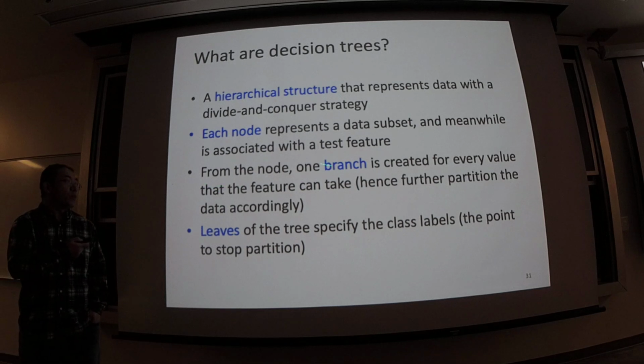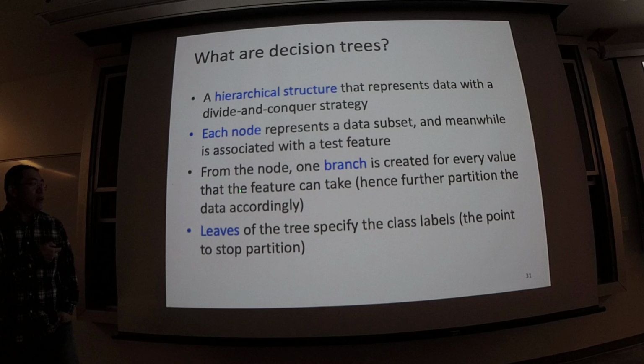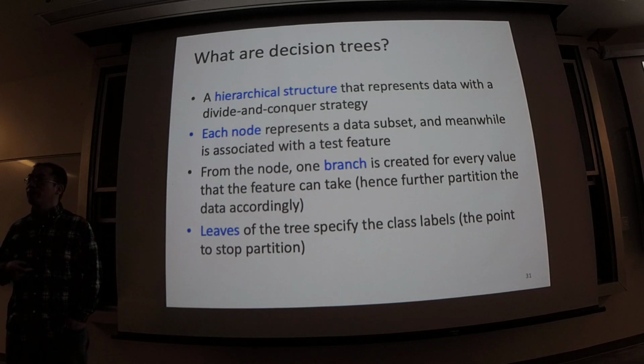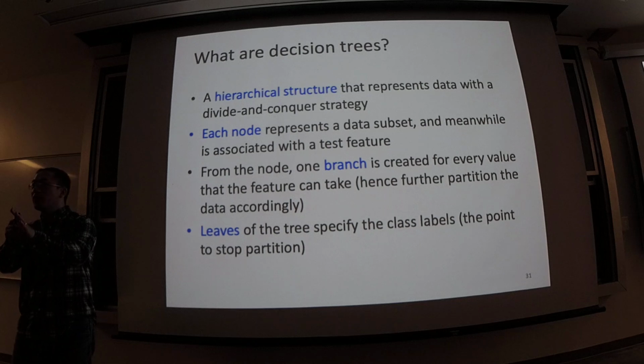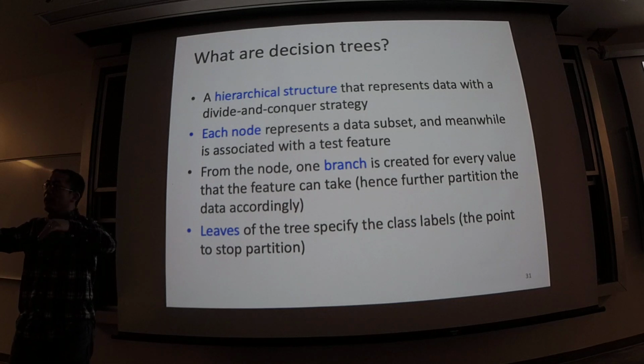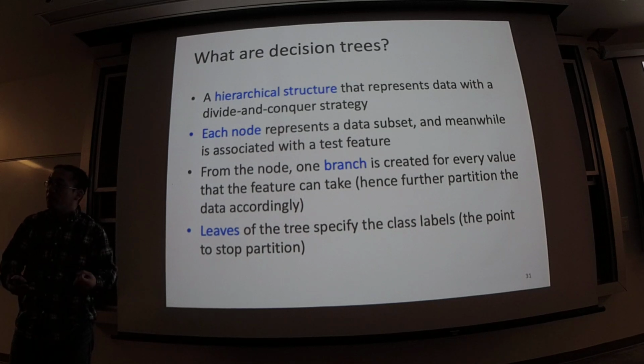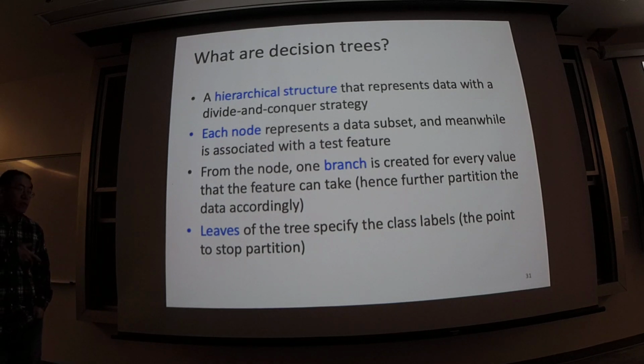From each node, one branch is created for every value that the test feature can take. So if I associate a node with a particular feature, and the feature can take 3 values, it naturally splits the data set into 3 subsets, right? Then we have 3 new nodes representing the 3 subsets, and for each subset we create new branches based on another feature and keep partitioning until we reach the leaves of the tree.